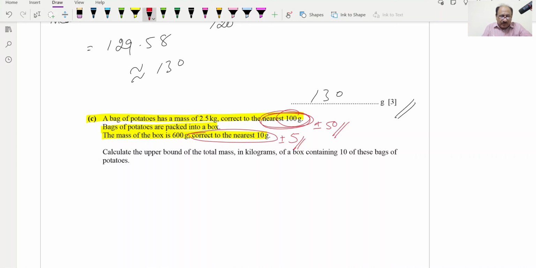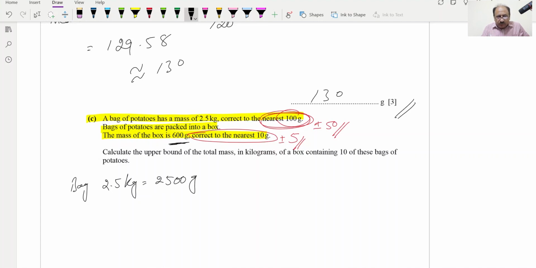So now we can check for the bag, which is 2.5 kg. First of all we will check for the bag, which is 2.5 kg. We need to convert into grams because the box is in grams, so we will be multiplying by 1000, so this many grams.